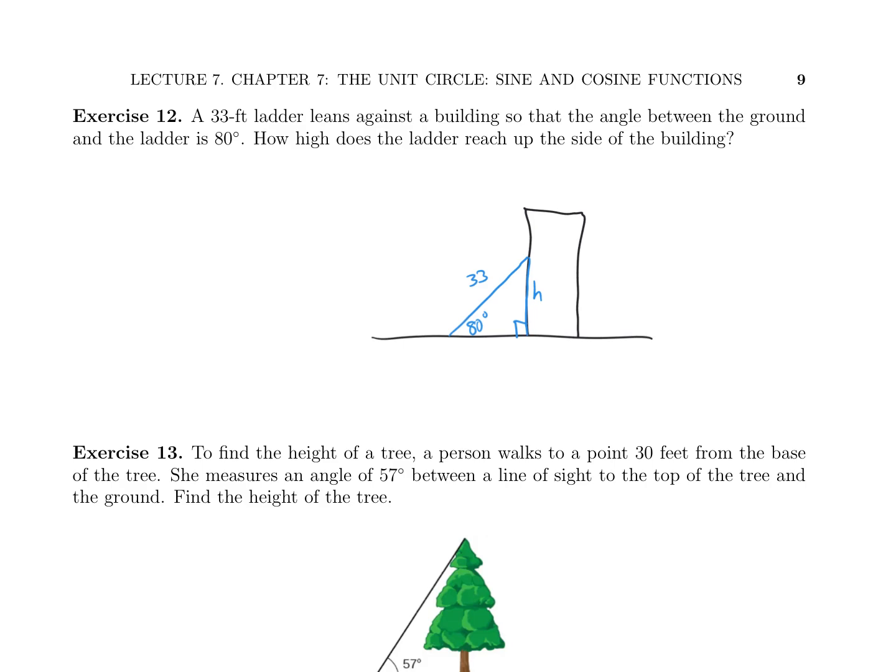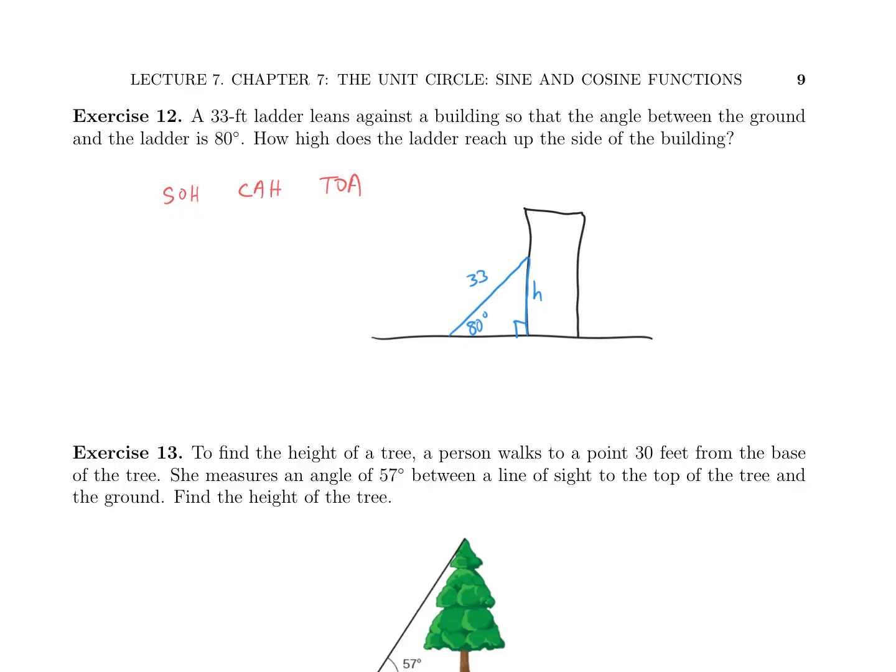Okay, now we have to figure out which of the three trig functions makes the most sense to apply. So SOHCAHTOA will be very helpful here. Relative to the angle 80, notice that we're looking for the opposite, and we know the hypotenuse. Opposite and hypotenuse means you want the first one, which is sine.